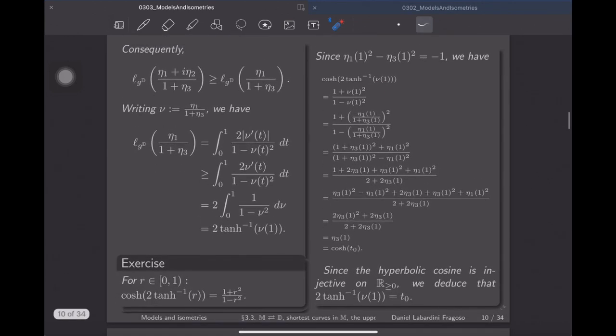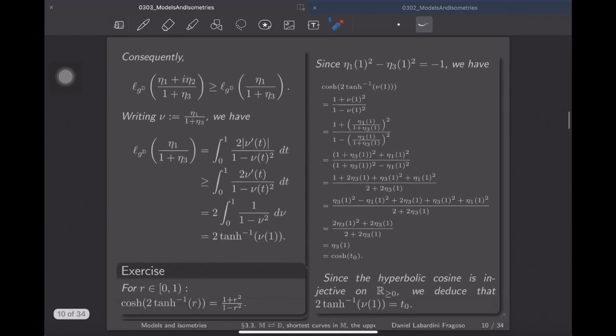Okay, there's still some way to go. But now let me write nu equal to what is inside here, because then the length of this one is what I have to integrate.